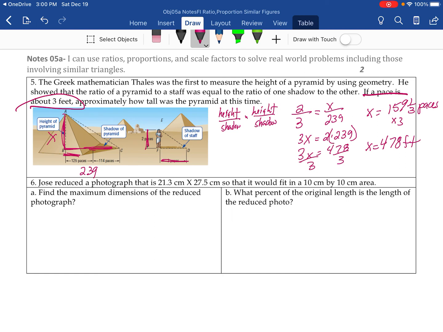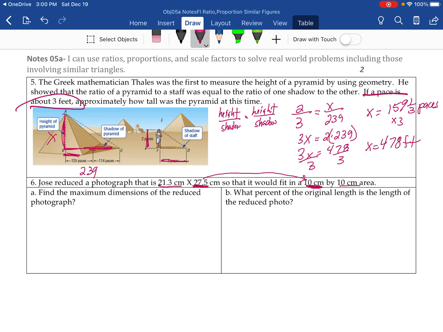Jose reduces a photograph that is 21.3 centimeters by 27.5 centimeters, so it would fit in a 10 by 10 centimeter area. Find the maximum dimensions of the reduced photograph. So what you need to do is shrink down the largest dimension to the side here.